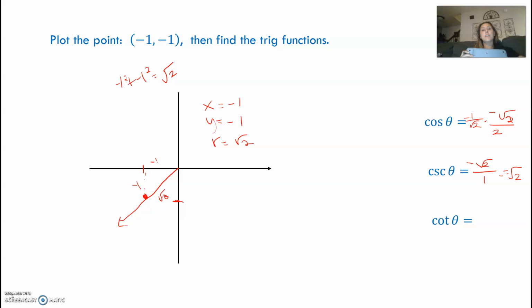And then cotangent is going to be the adjacent over the opposite, which is -1 over -1, which is equal to a positive 1. Remember, a negative divided by a negative is a positive.